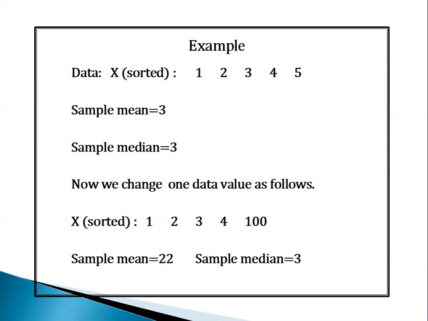So the summation of the data is 15, and n is 5. So 15 divided by 5 gives the answer 3. That is the mean of the data set, which is denoted by x bar.